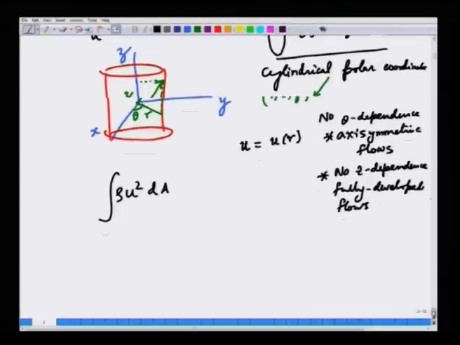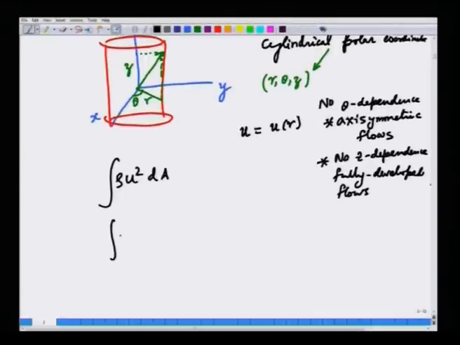Okay. So, essentially we have to do integral rho u squared, where u is now a function only of r. So, let us keep it as u of r whole squared. Now, dA is nothing but in polar coordinates r d theta dr. This is the area element in the polar coordinates.